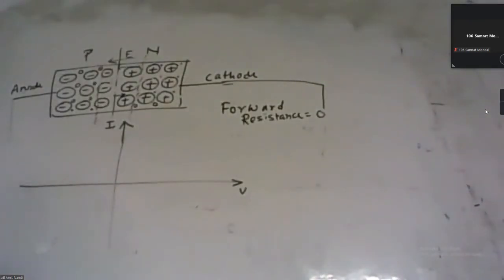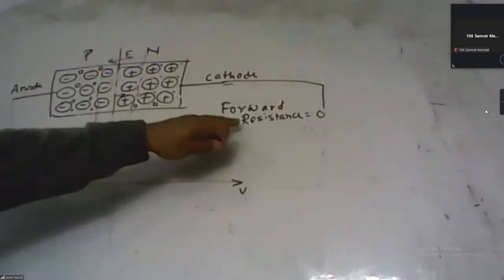Forward resistance of the diode being 0 means that if we connect the diode in forward bias condition, then any amount of current can flow through the diode, and no voltage drop occurs across the diode, because the diode forward resistance is 0. So if any current is flowing through the diode, no voltage is developed across it.